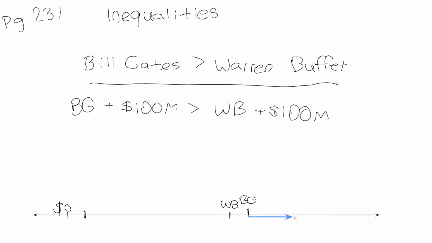So we're adding an amount of money to Bill Gates' net worth, and we end up somewhere right here. Then we add the exact same amount to Warren Buffett's net worth, and that would take his net worth right around here. This is Bill Gates' new net worth. This is Warren Buffett's new net worth.